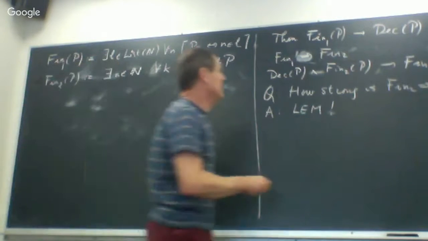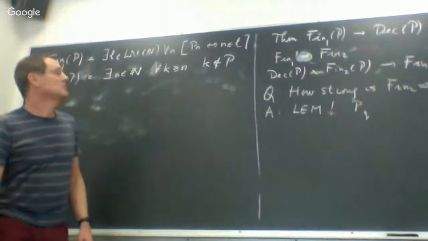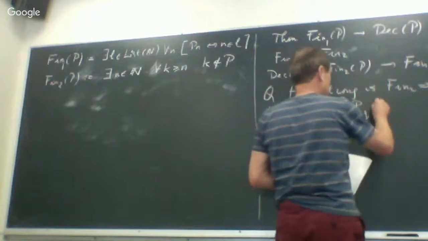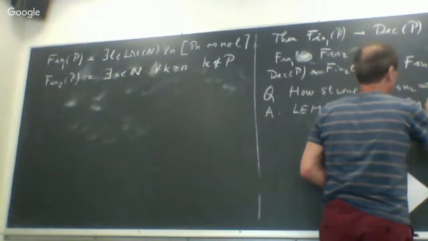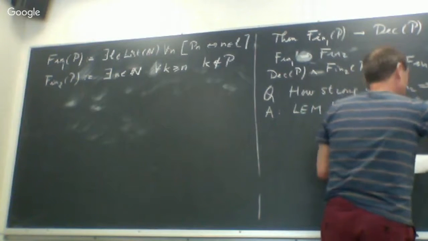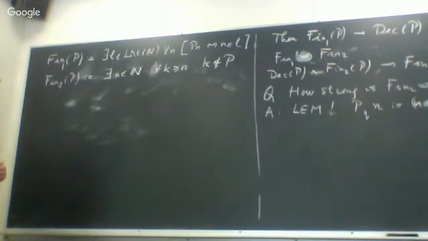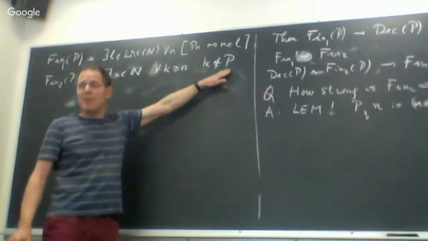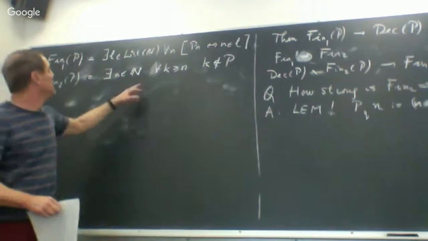We can define, for a given proposition Q, a very simple proposition P depending on Q: P_Q(n) is n equals 0 and Q. Now, we obviously have fin2 of P_Q.